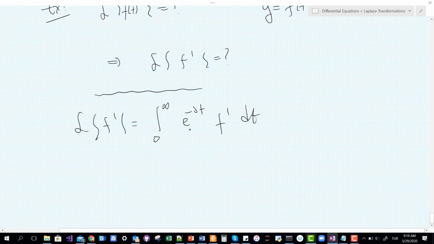How? So, do you remember the technique you learned in Calc 2? What technique would you use to take care of this integral? I can use the integration by parts, guys. So this part is going to be dv, and then this part is going to be u. So use integration by parts.